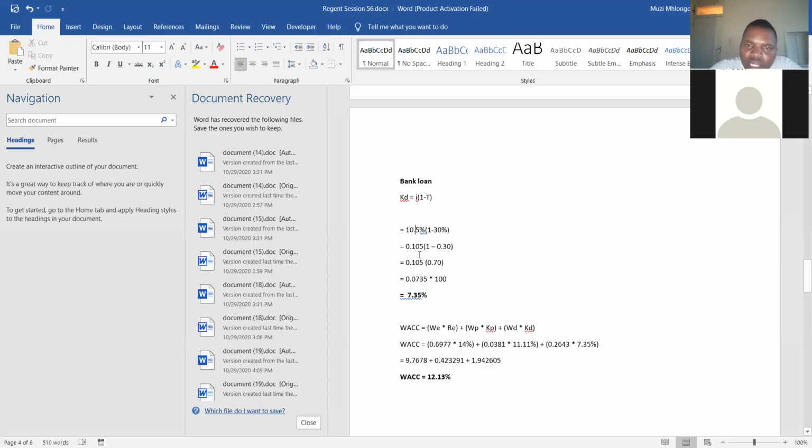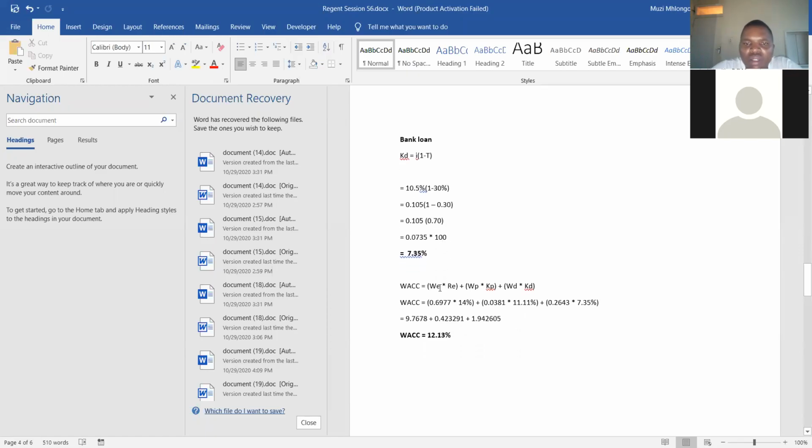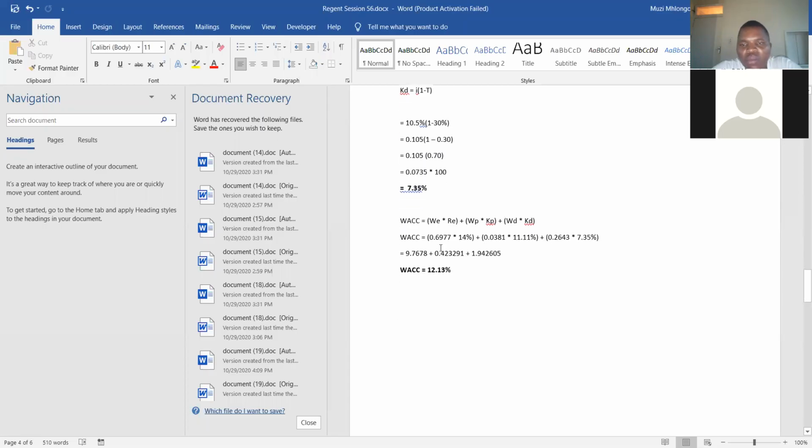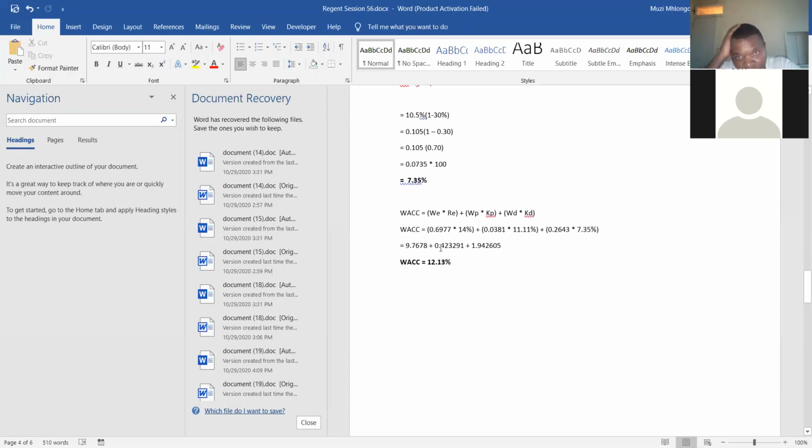So when we're doing this, we change both the interest and the tax rate, and then multiply, and before having the final answer, we convert this to a percentage by multiplying with 100.